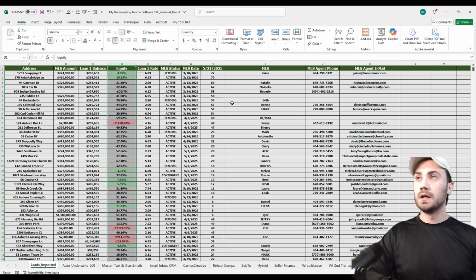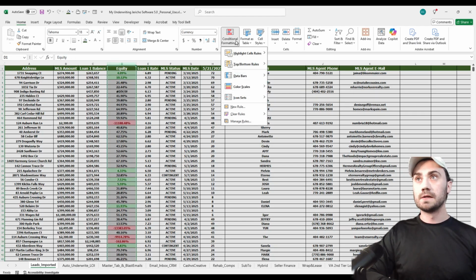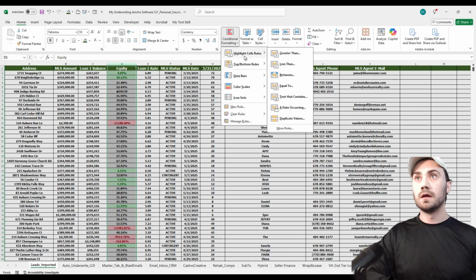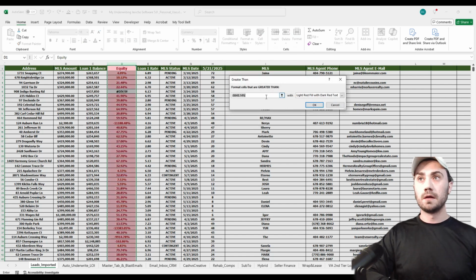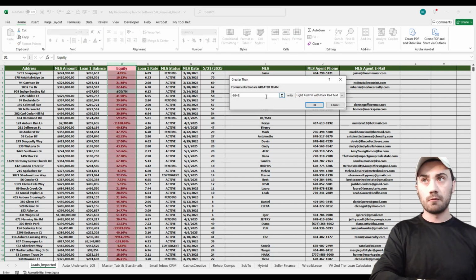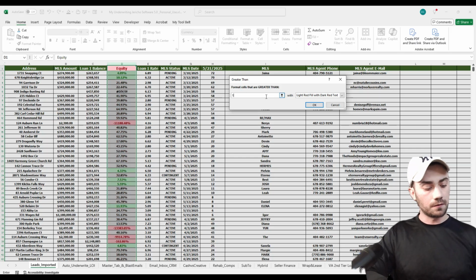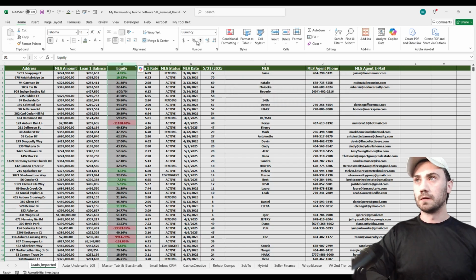Let's go back and select column D, select the conditional formatting. Let's click on the greater than, and our cutoff from last time was the 13%. So now we're going to do 13.1%, and we're going to go all the way up to 20%. Actually, I'm going to reverse this and make this a little bit cleaner for everybody following along.